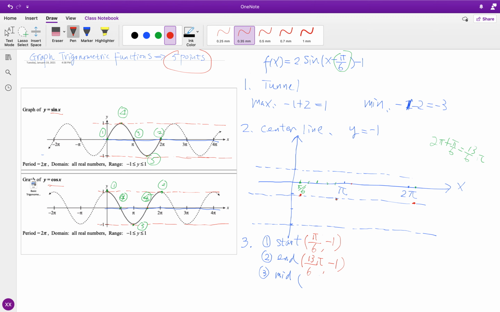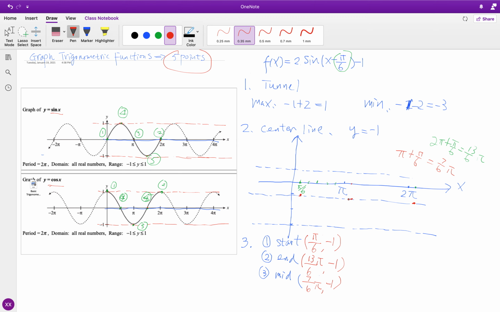So my midpoint should be my pi added on to pi divided by 6. That means 7 over 6 pi. This midpoint is still on the center line. Center line again is -1. Got it. So right here.